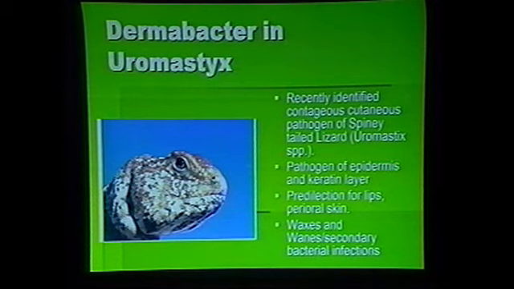This disease causes cheilitis and periocular dermatitis in uromastyx. It is a disease that waxes and wanes and is associated with secondary bacterial infections. It is a difficult disease to eradicate, and it is somewhat common in the uromastyx colonies that are bred for the pet trade.